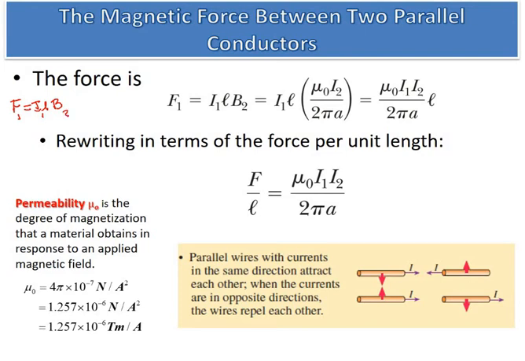And if you find the force on the second wire, which is I2L, the length is the same, and that magnetic field is due to the first wire. That's why it appears here. There's a 2 for F1, and the other way around, for F2, it's going to be a 1 due to the first wire.